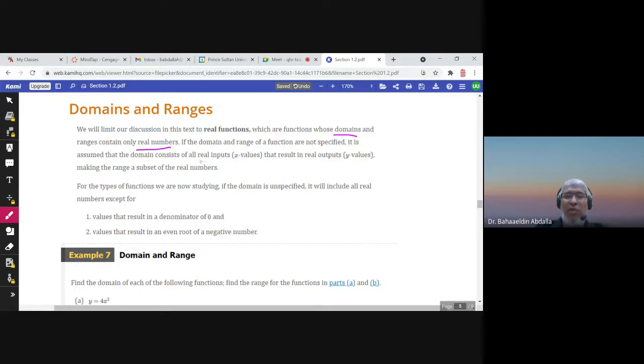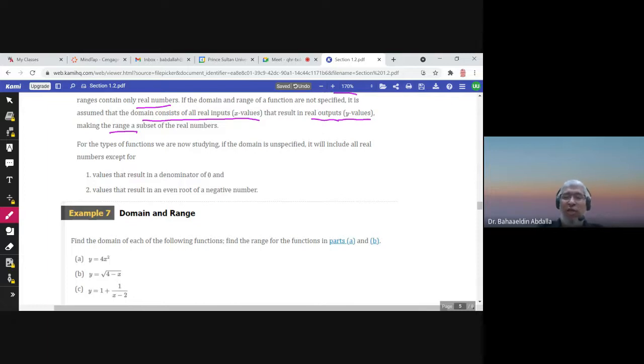The domain will always consist of the inputs, all the x values, and the y values, or the outputs, consist the range of the function. So to find the domain, look to the x values. To find the range, look to the y values.